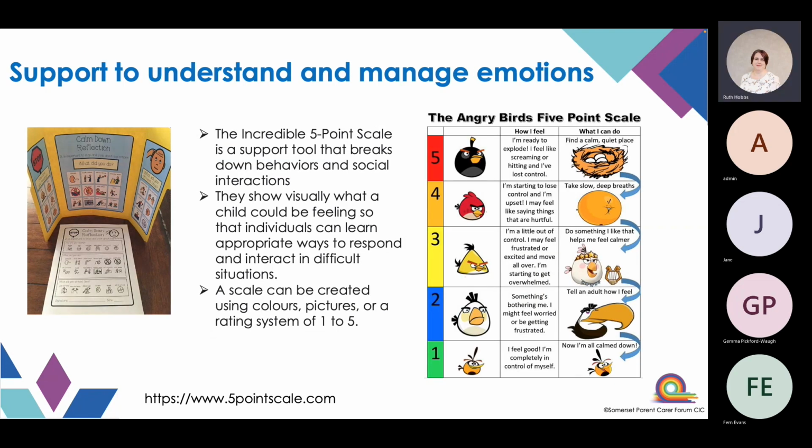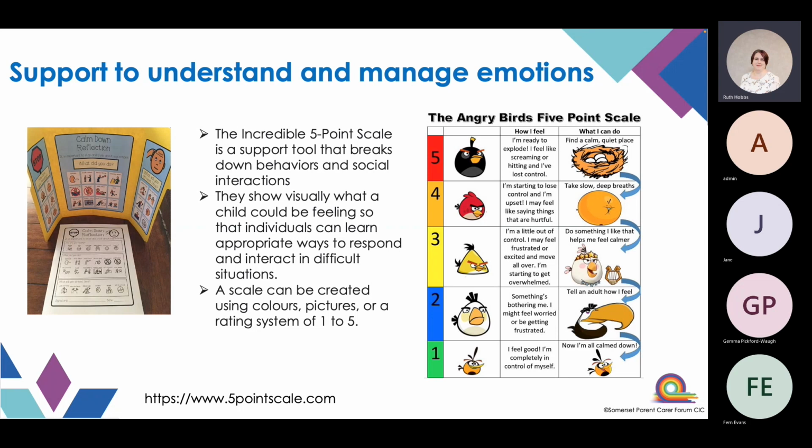And then the next area that you can use visuals is to support an understanding and management of emotions. So I've given some examples here. And I put a link at the bottom. There's a process called the 5-point scale, which is a tool that helps young people to break down their behaviours. So for a lot of young people, it can be quite hard for them to vocalise and understand where they're feeling.